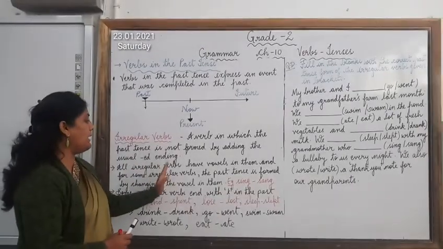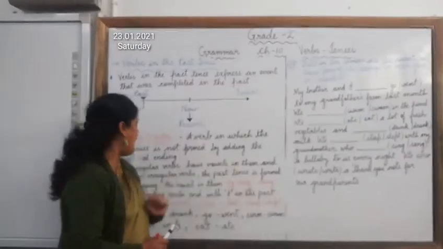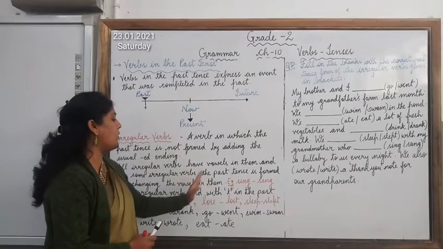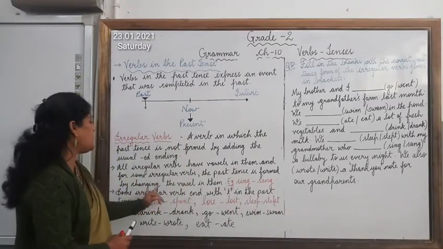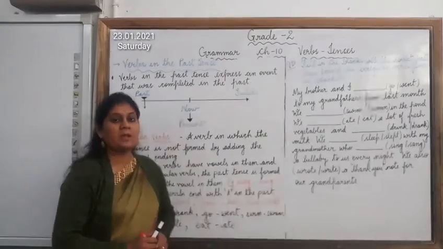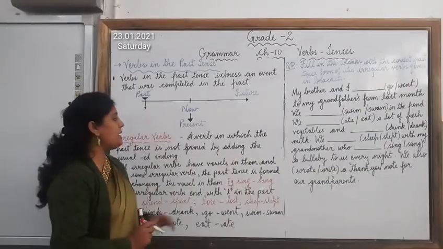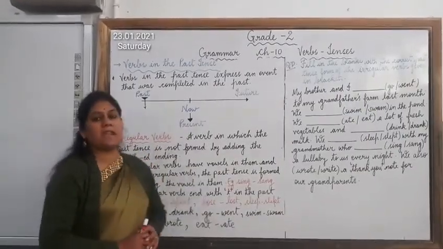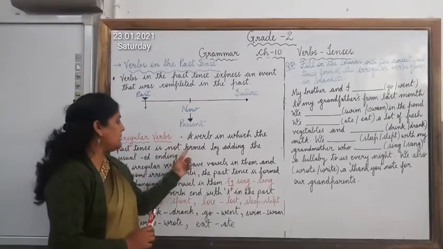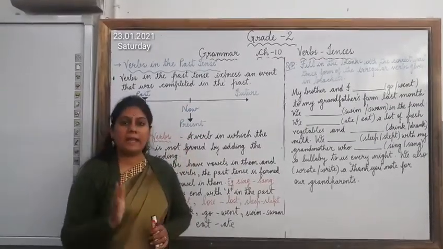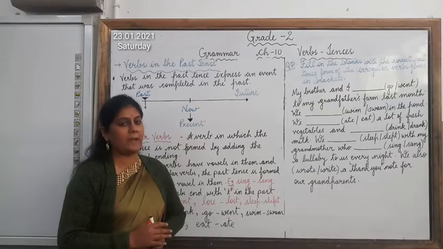All irregular verbs have vowels in them, and for some irregular verbs the past tense is formed by changing the vowel in them. Okay?